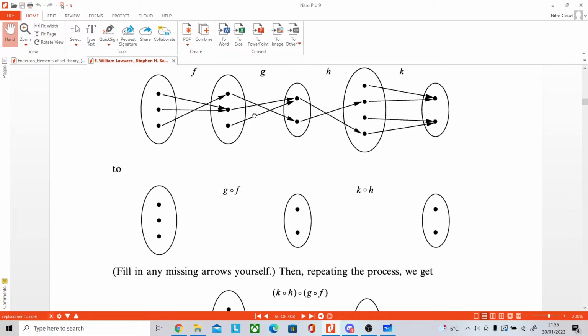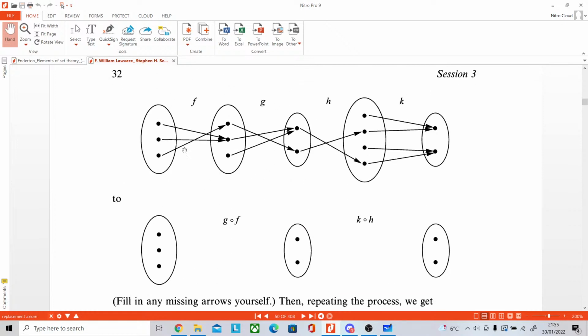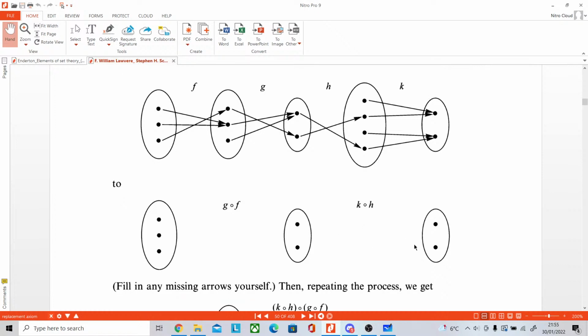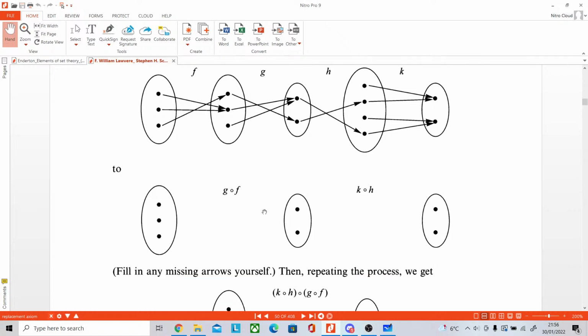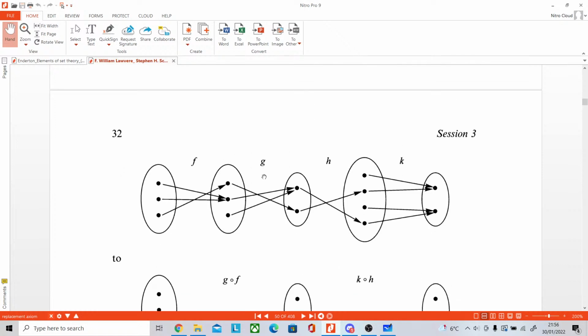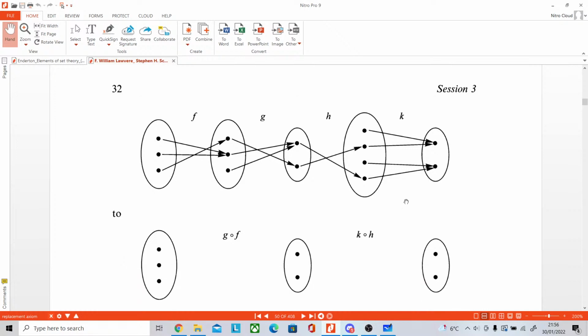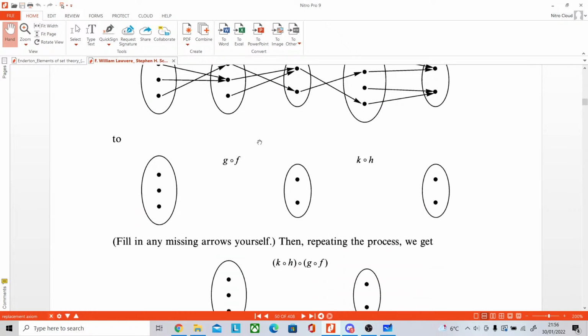Yeah, that's what I was saying. You could group these 2 together. So you do this one first and then this one next, and then you get G of F, and then K of H, and then you could repeat the same process again. First, you combine G and F together, then you compose H and K together, and then you compose those results again.